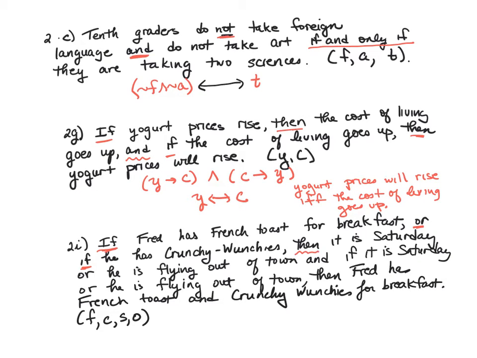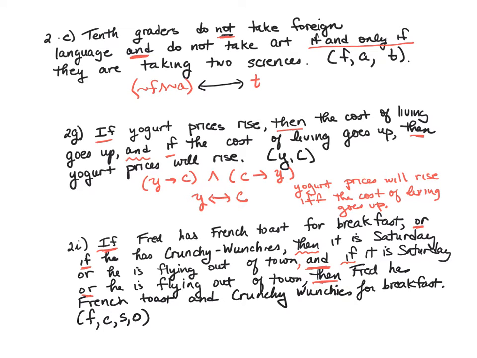Then, so perhaps we could say, if Fred has French toast for breakfast or he has crunchy munchies, then it is Saturday or he is flying out of town, and if it is Saturday or he's flying out of town, okay, so there's your other if, or he's flying out of town, then Fred has French toast and crunchy munchies for breakfast.